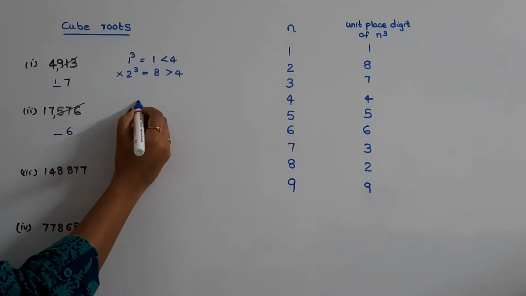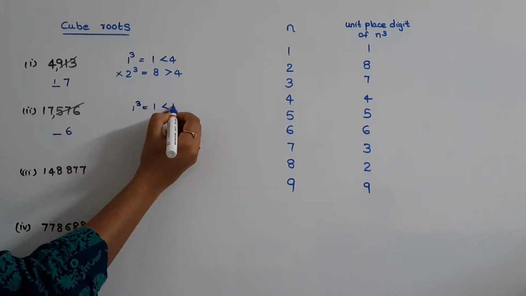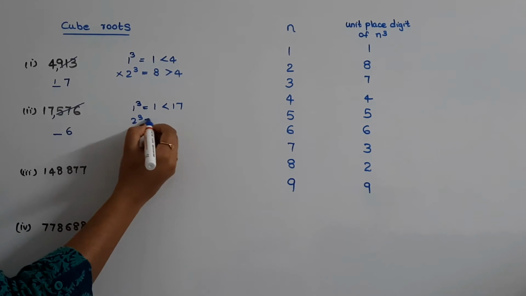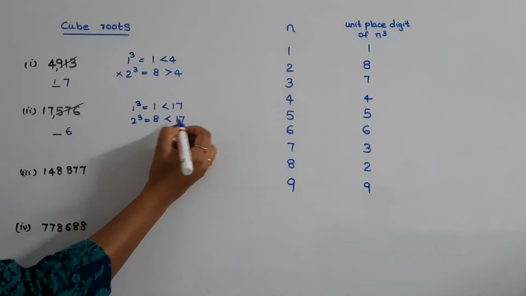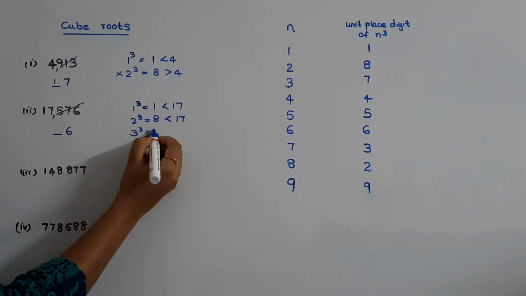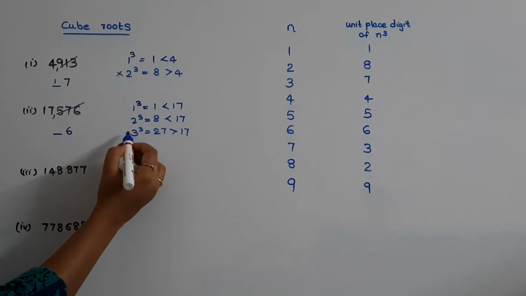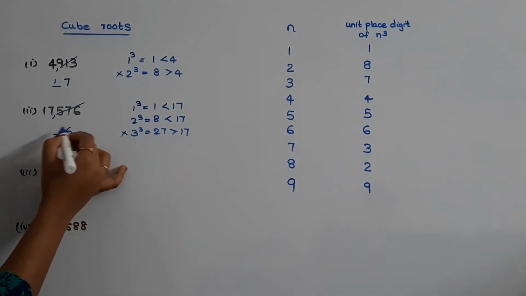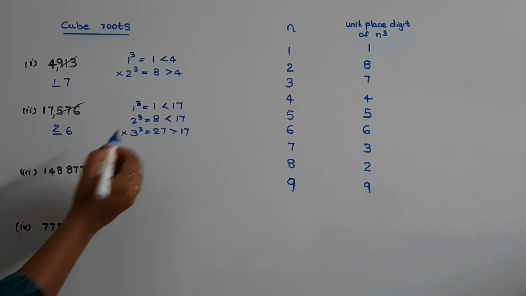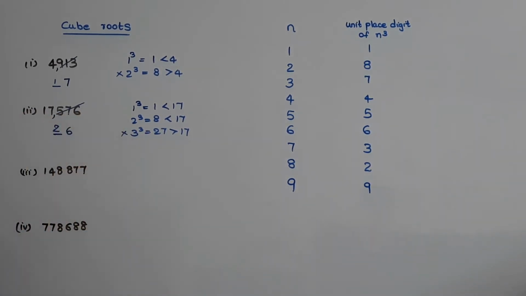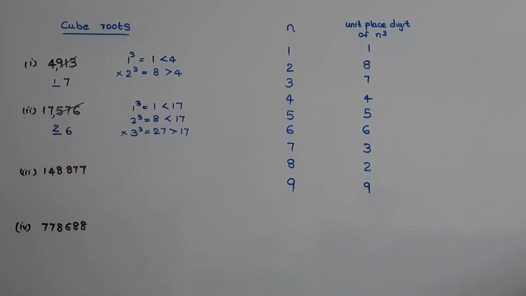See, 1 cube is 1, its cube is less than 17. 2 cube is 8, so its cube is less than 17. 3 cube is 27, but 27 is greater than 17, so we cannot use this 3. So here we need to use this 2, because 2 is the largest number whose cube is less than 17. Hence the cube root of 17,576 is 26.